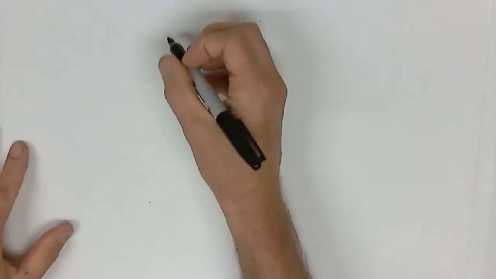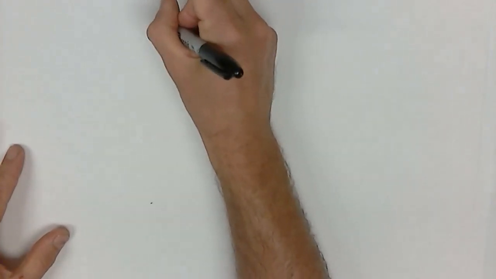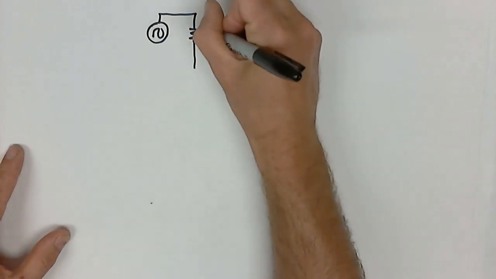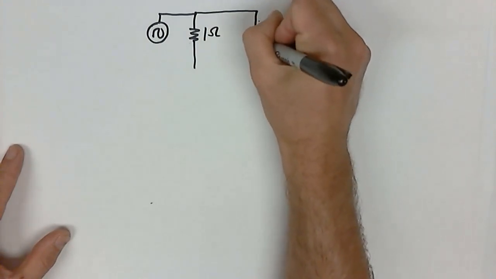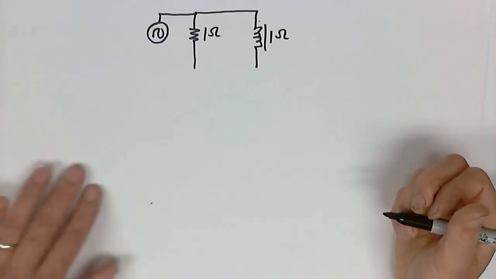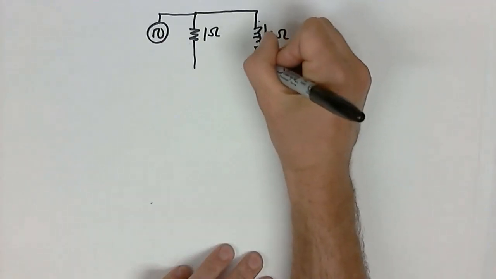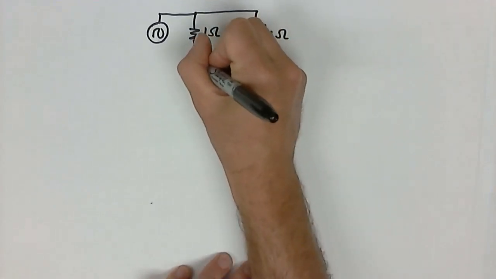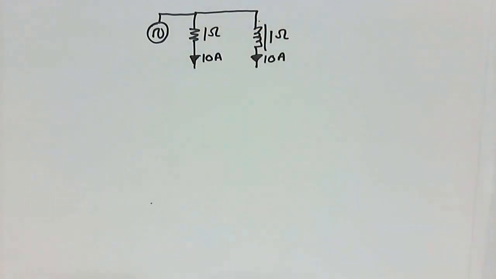Let's say we had a circuit where our resistive component was 1 ohm and our inductive component was 1 ohm of inductive reactance, giving us these values of current, as in the previous example, of 10 amps and 10 amps.